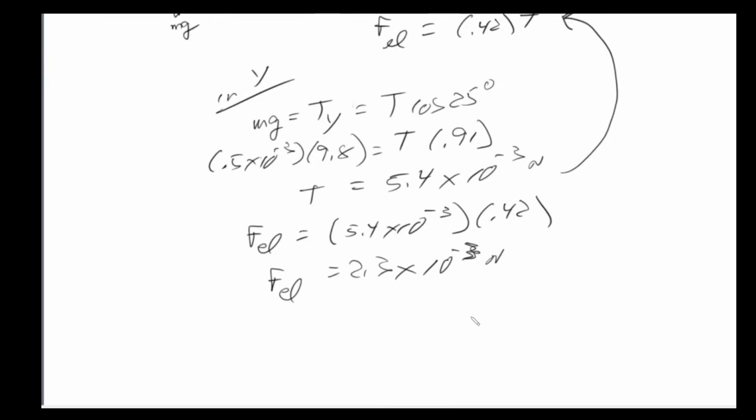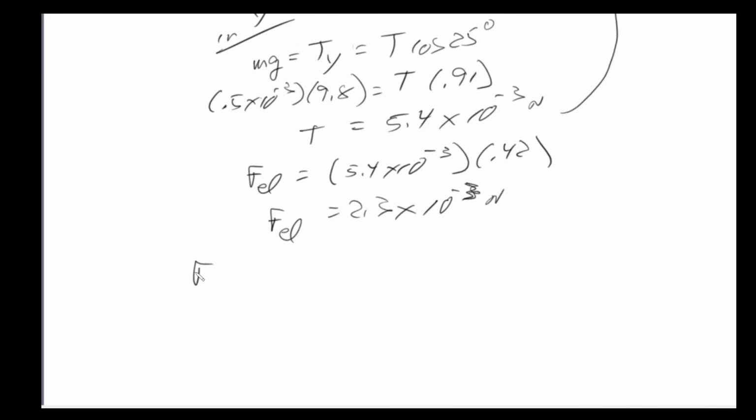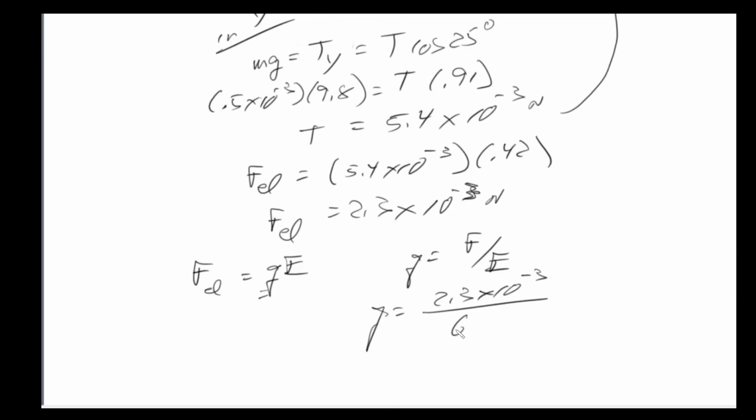Now, we also know that electrostatic force is equal to Q times E, and we're looking for Q. So we can solve that Q is equal to force over E, and we know those two terms. So Q is equal to the force, which is 2.3 times 10 to the minus 3, over our electric field, which was given as 600.